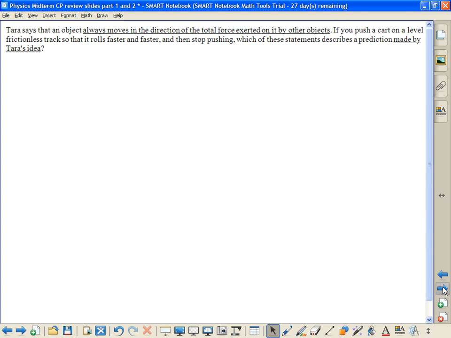Tara says that an object always moves in the direction of the total force exerted on it by other objects. If you push a cart on a level, frictionless track so that it rolls faster and faster, and then stop pushing, which of these statements describes a prediction made by Tara's idea? Now, here's a suggestion.